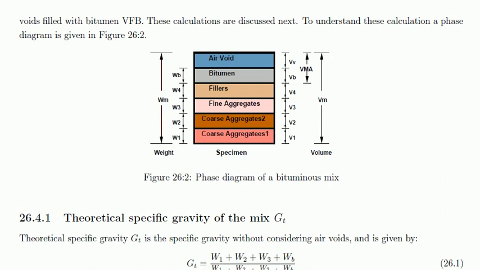These properties depend on three important parameters that control the quality of the design mix: the percentage of air void in the total mix, the percentage of voids in mineral aggregate, and the percentage of voids filled with bitumen, that is VA, VMA and VFB.